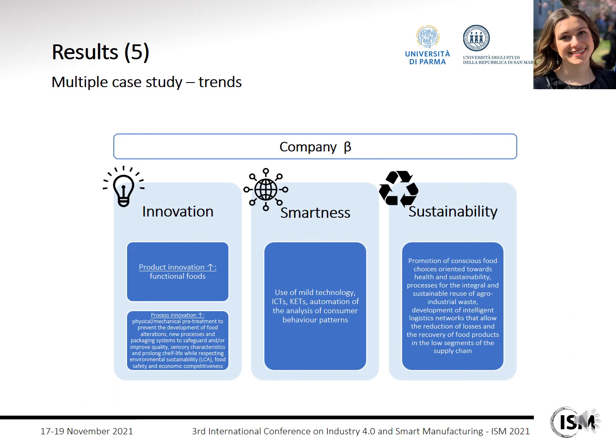So in this way, the company adopts an open innovation approach, directly involving an external stakeholder, which is the final customer. The sustainability trend instead is related to the promotion of conscious food choices that are oriented towards health and sustainability. So in particular, the issue of food waste has been addressed by developing intelligent logistic networks that allow the reduction of losses and the recovery of food products in the lower segment of the supply chain.